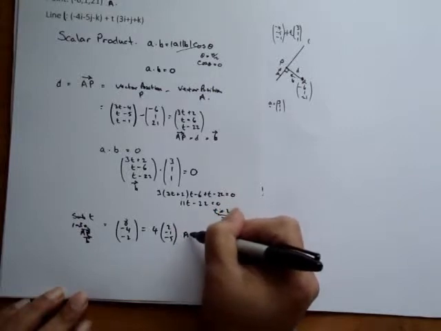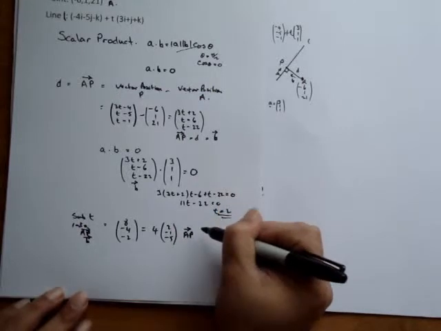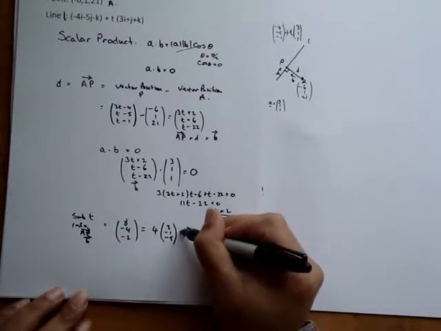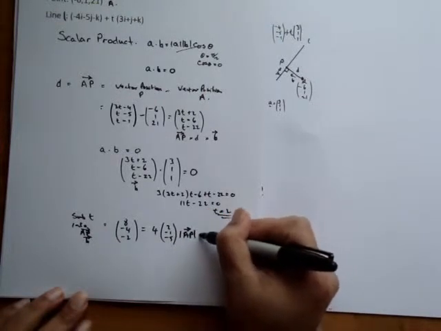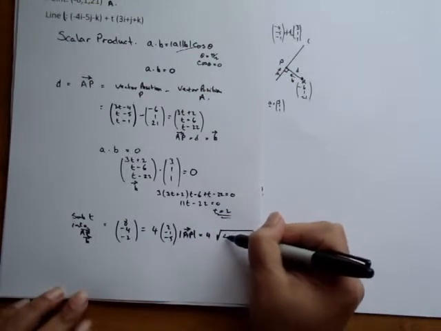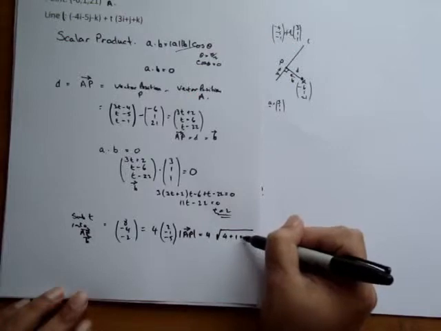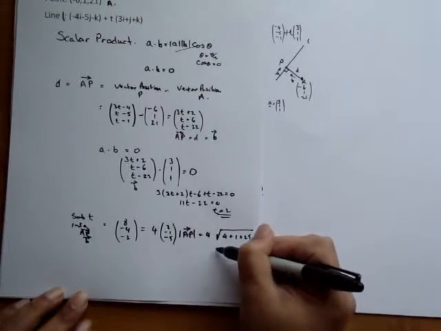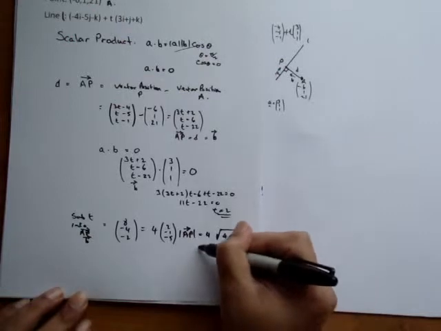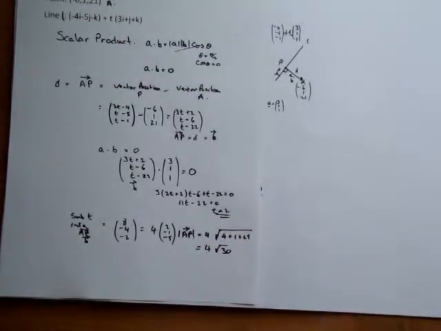So our magnitude of AP, which is our length or the shortest distance, the magnitude equals 4 square root 4 plus 1 plus 25, and that's 4 square root of 30, and that's our answer.